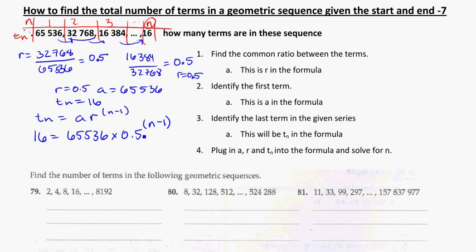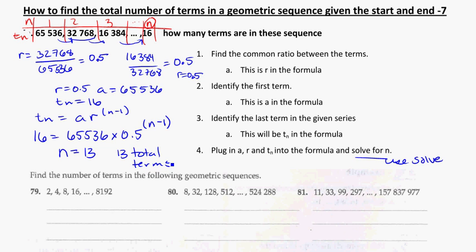Again, you'll use your upside down caret power button, and make sure you get the brackets. If we put this into solver, we should get n is equal to 13. So we have 13 total terms.